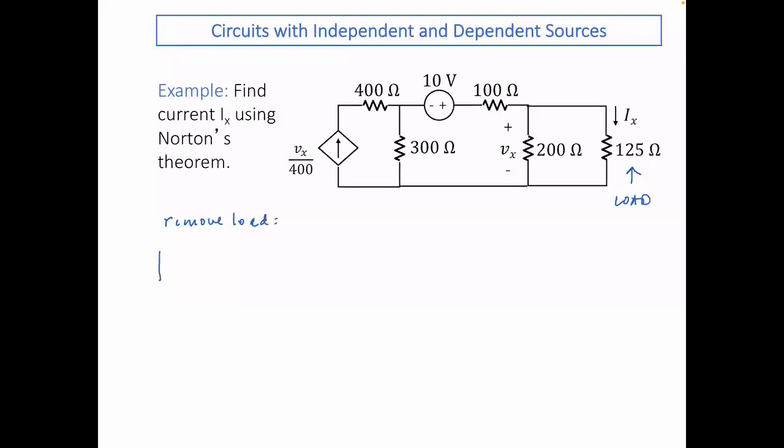Ano matitira? Is V sub x over 400. Is 400. 300. 10 volts. 100 ohms.